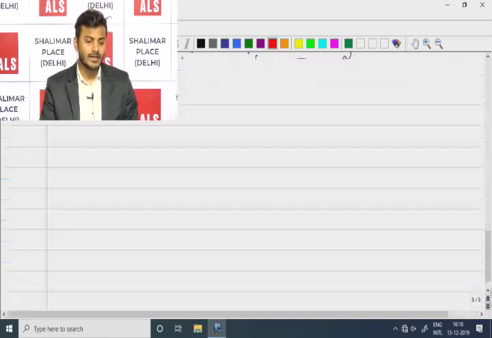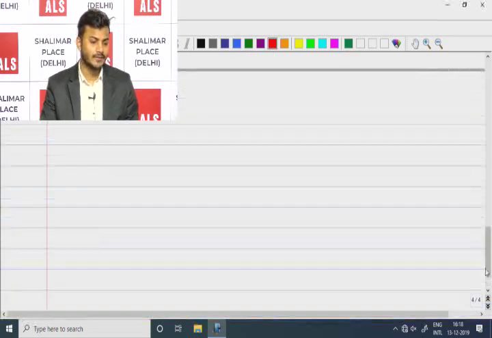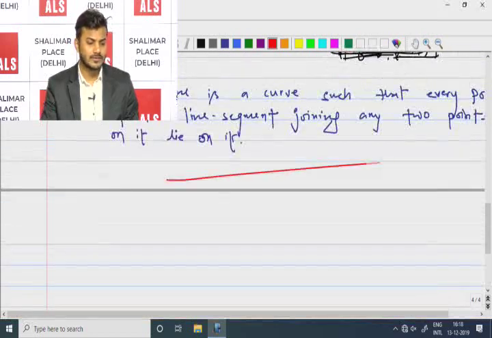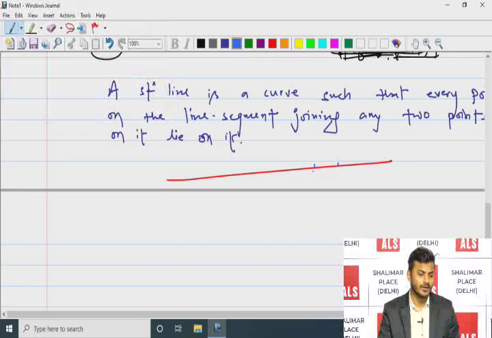If you take any two points on the line, that will be a line segment. Now you take this point and this point, and you get a line segment. So what we are saying is that these points will also lie on the line.